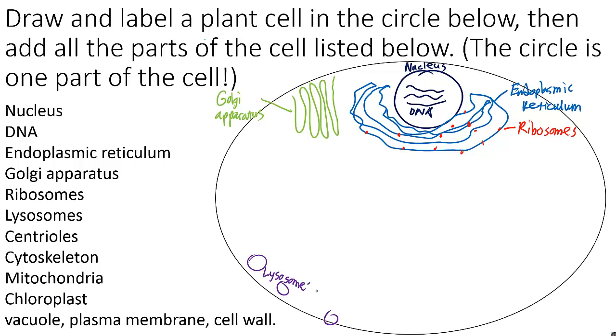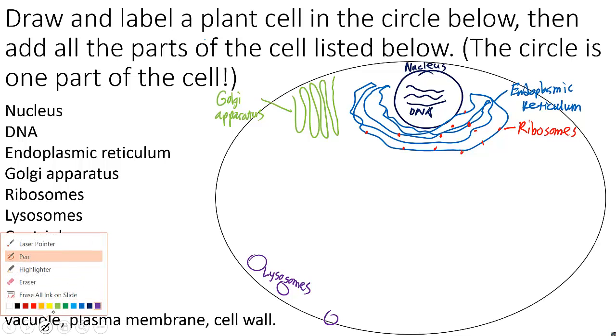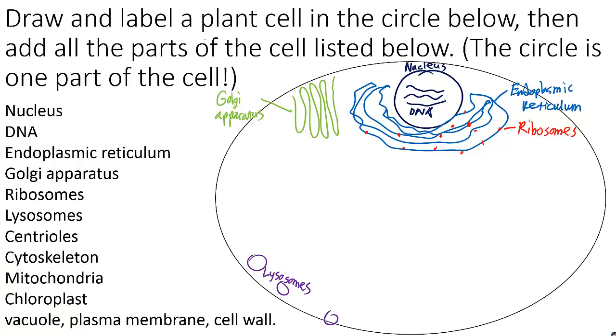Okay? Those purple circles. Centrioles. Let's do orange. Centrioles, they're hard to draw, but I can just do these little tubes, right? So there's one tube, and there is another tube. Those are the centrioles.